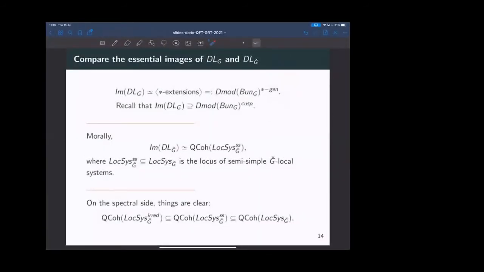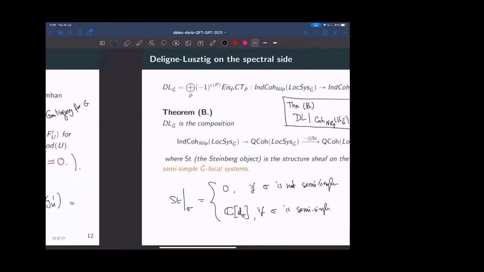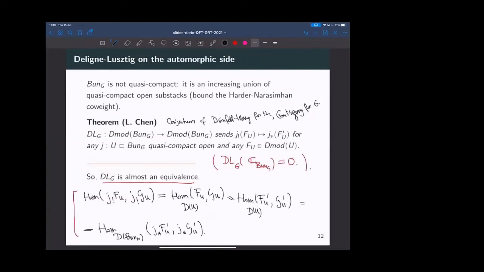So let's look at the automorphic side. What's the essential image? Well, there are some words to be said, but the essential image is just star extensions and objects generated by those under colimits. That's what it is.